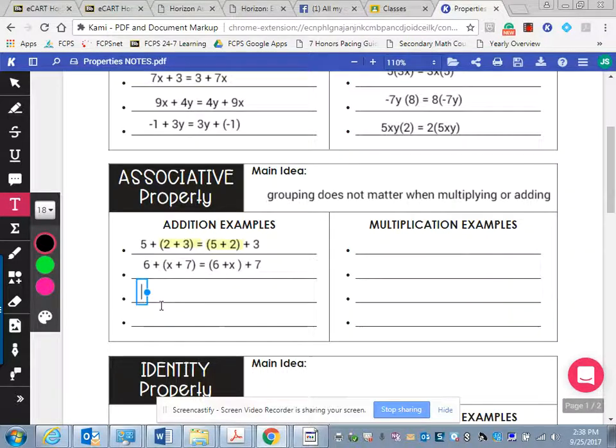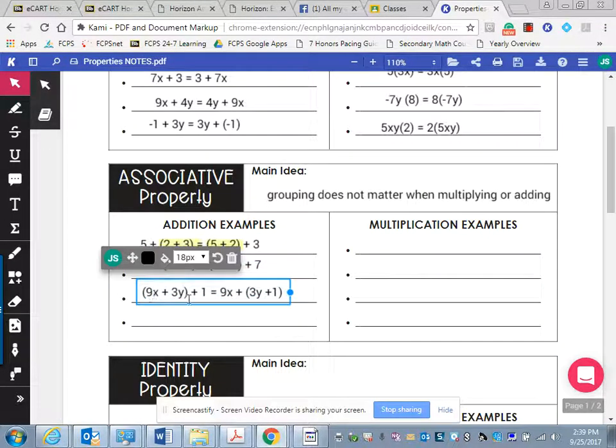Let's do 2 more examples. 9x plus 3y plus 1 would give us the same answer as 9x plus 3y plus 1 in parentheses. Okay, notice how both of these are the exact same thing. Only just over here we have 9x and 3y grouped together, and over here we have 3y and 1 grouped together.